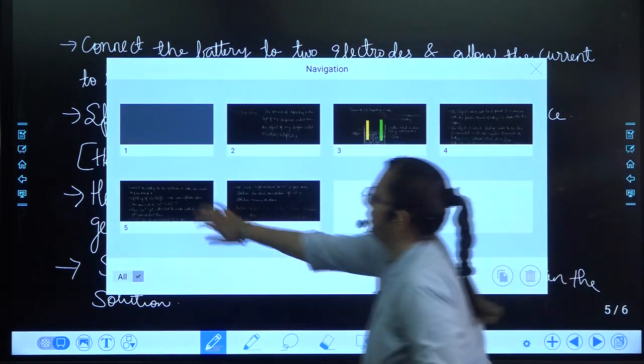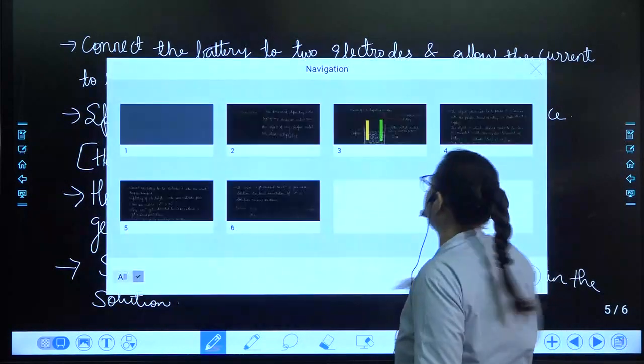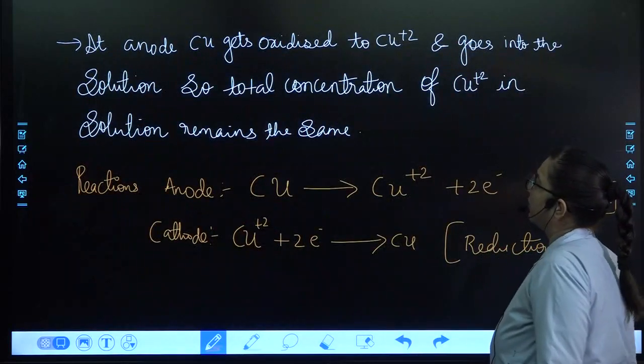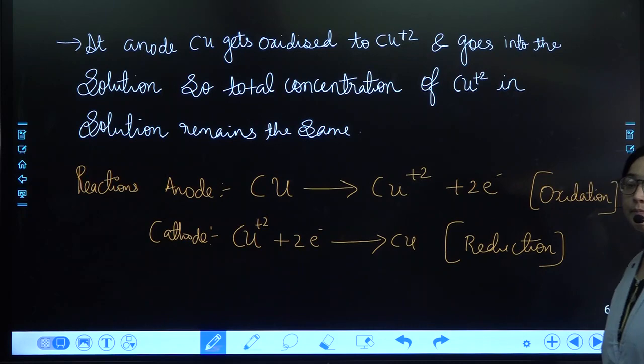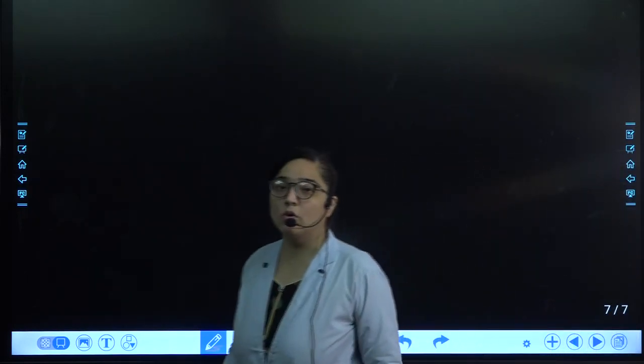Next, read this. So I hope the content is now clear.